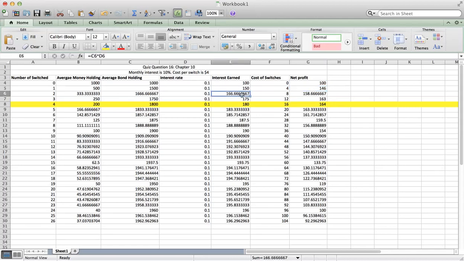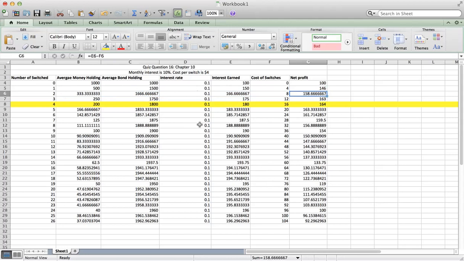With 2 switches, that's how much you earn in interest, because your average bond holding is 1,666.66, and it's going to cost you 8. So 2 switches, each switch costs you 4. So total cost is 8, and this is how much profit you end up with.